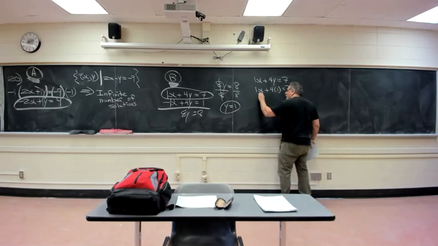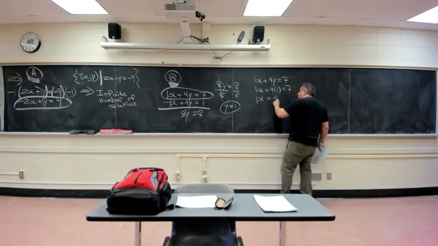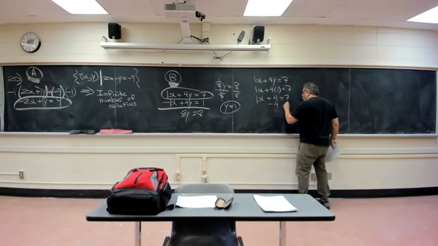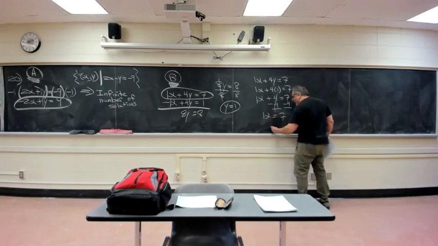Well, let's see where this is going to go. 1 times x is just 1x. 4 times 1 is 4. Let me subtract 4 on each side, or add a negative 4 on each side. 1x is 3. 1 times what number will give me 3? Divide by 1 on each side. 3 divided by 1 is 3.